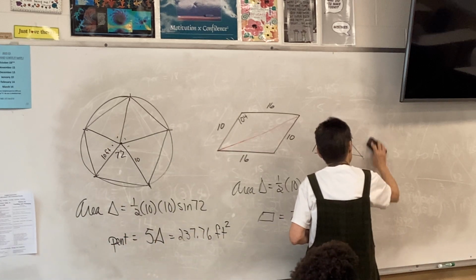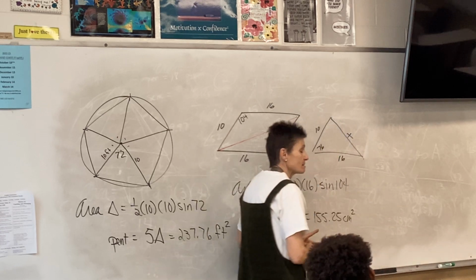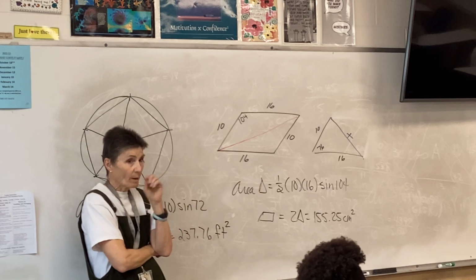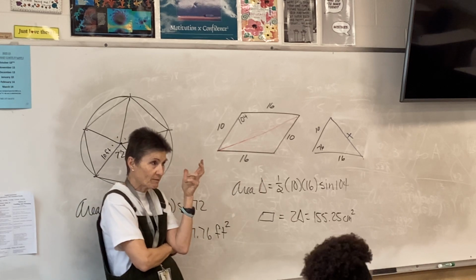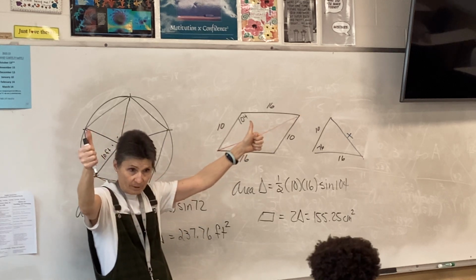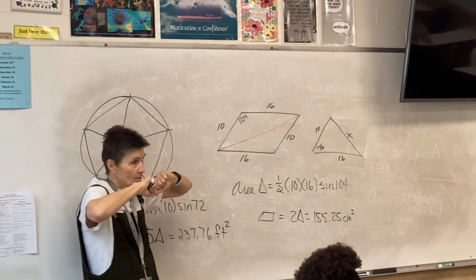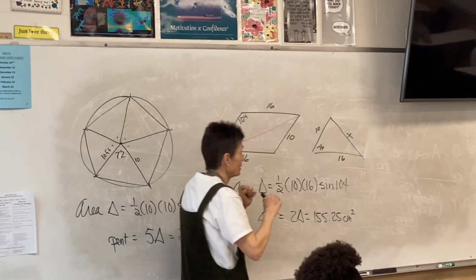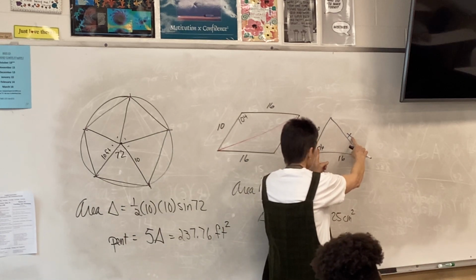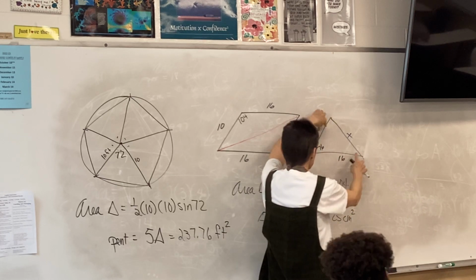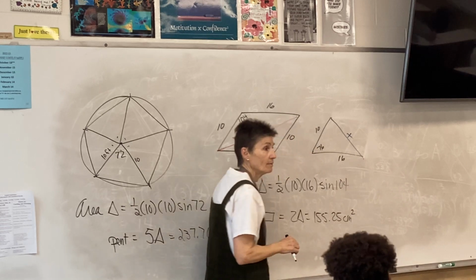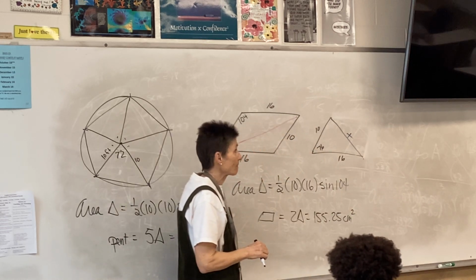Now, I'm not finding area, guys. I'm finding a length. So what tools do I have to find length? Either law of sines or law of cosines. Looking at the situation and noticing that you don't have both of these, you don't have both of these, and you don't have both of these, I guess we're going to need the law of cosines.